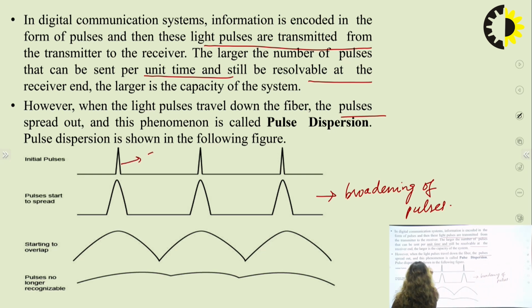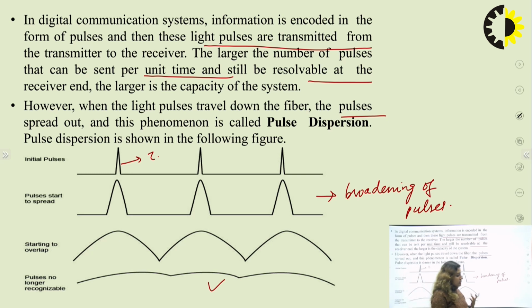Initially the width is tau, but when they overlap each other, the pulses have a width of 2 tau and it is increasing, and that's why they overlap with each other. In the last figure you can see that we cannot discriminate ones and zeros, that is, which output is 1 or which is 0.